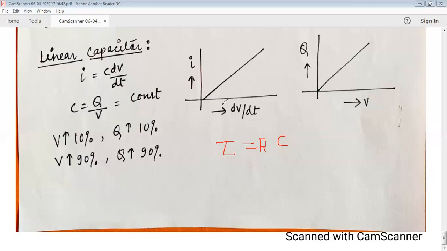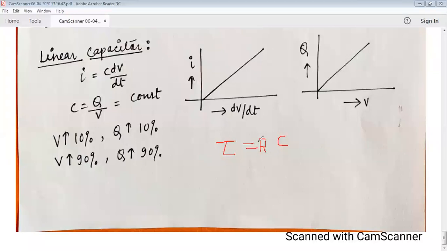Inductor does not allow sudden change of current, and capacitor does not allow sudden change of voltage. Under steady state condition, inductor acts as a short circuit, and under steady state condition, capacitor acts as an open circuit. So this was about the two passive elements, capacitor and inductor.